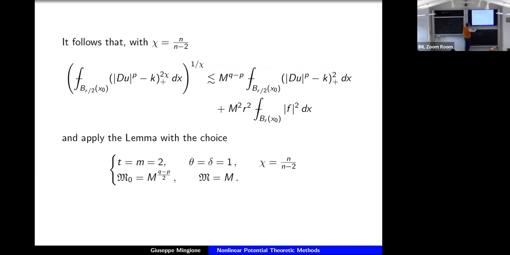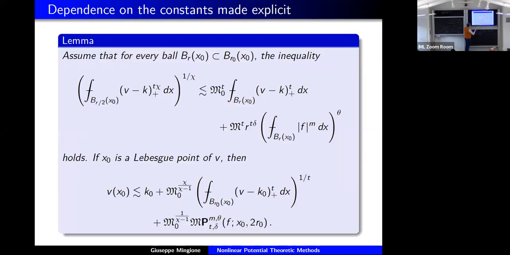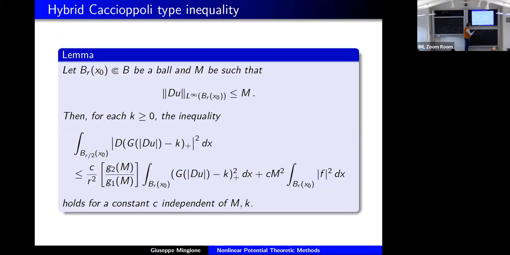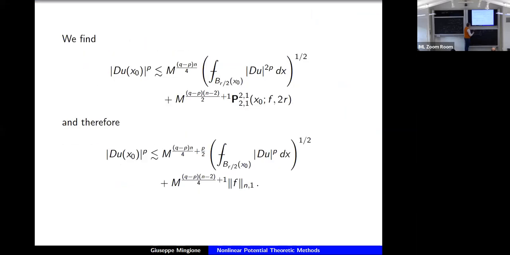Now you apply the previous iteration lemma, which is this one. We have constants here and constants here. And then you get this.